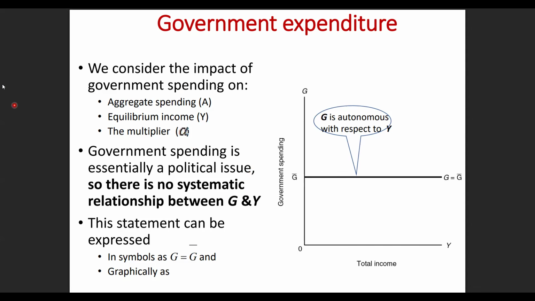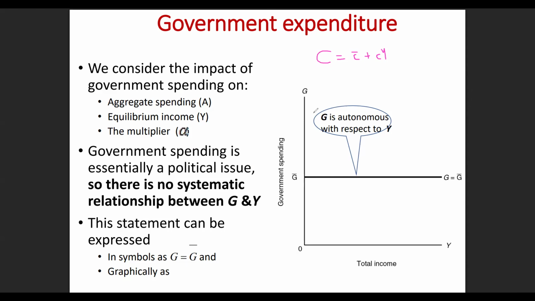We said the consumption is made out of autonomous consumption, which is C bar, plus induced consumption, which was made by MPC times capital letter Y, to show that this one is induced, right? So this consumption is dependent on what? On the level of income, right? So we had those types of consumption, right?